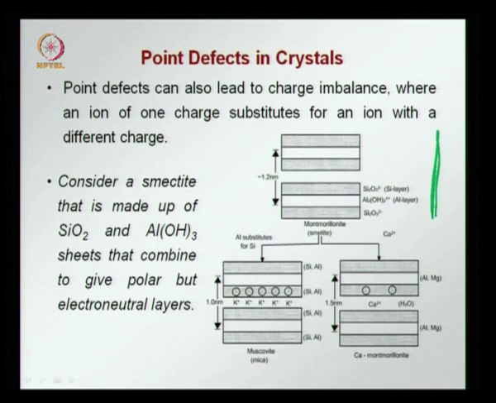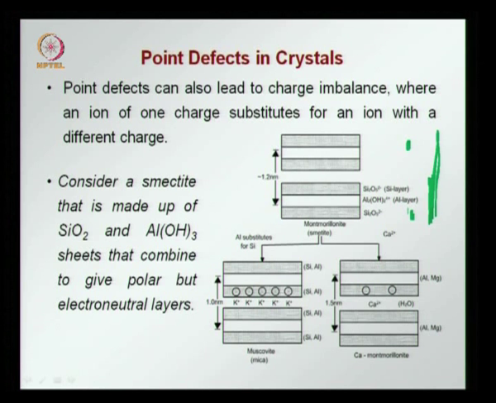This is a smectite made up of sheets of silica and aluminum hydroxide. This is the TOT structure that we had discussed earlier, tetrahedral, octahedral, tetrahedral structure, and these layers are bonded together by ionic bonds, and the clay is now made up of several sheets like this.